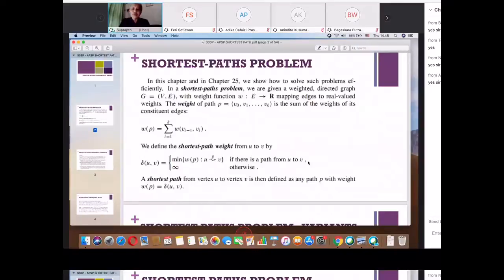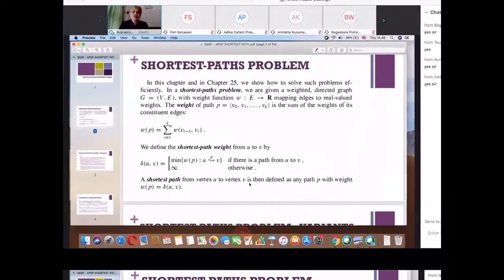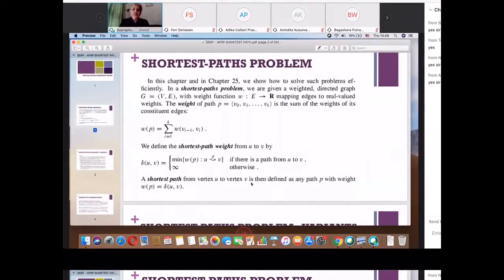If there is a path from u to v, otherwise the shortest path weight is set to infinity. Right? It is set to infinity if there is no path from u to v. So the shortest path from vertex u to vertex v is then defined as a path small p with weight small w of p equal to small delta from u to v.